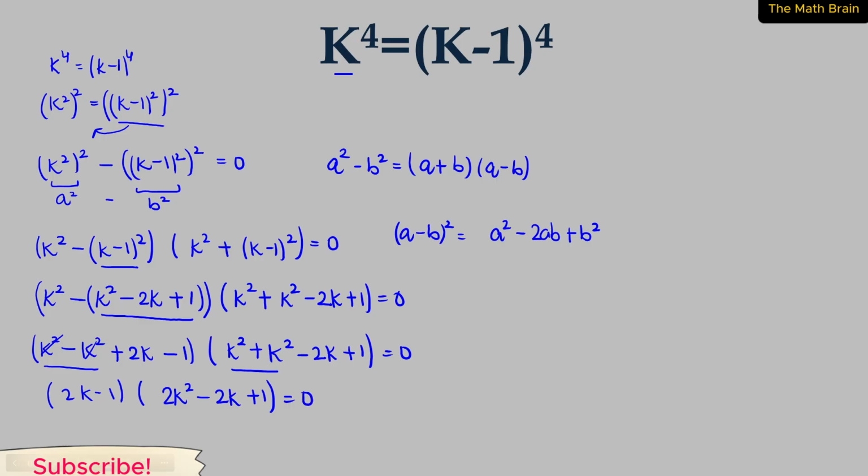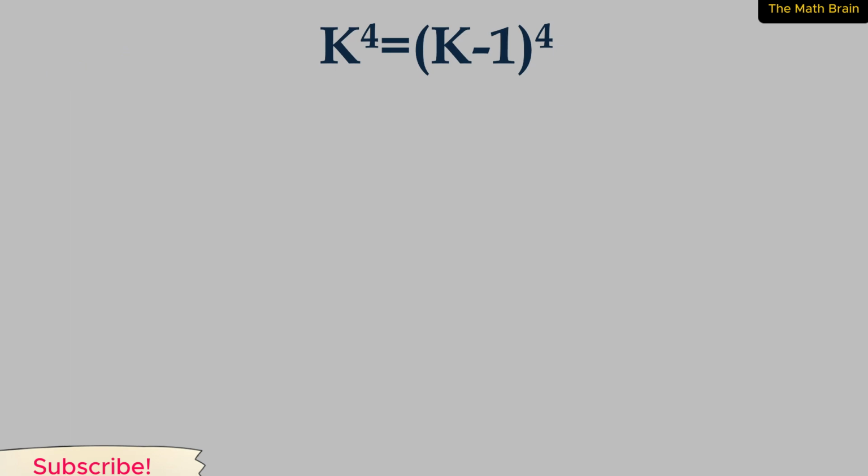Now what we can do here is we can equate these two expressions to this 0 and we will get 2k minus 1 equals to 0 and 2k squared minus 2k plus 1 is equal to 0.